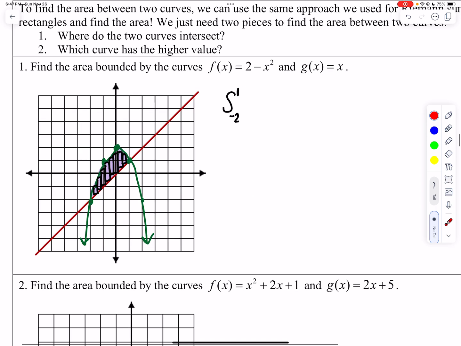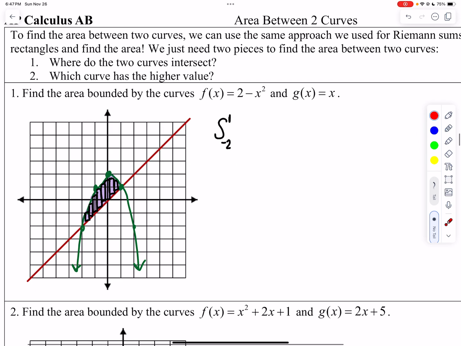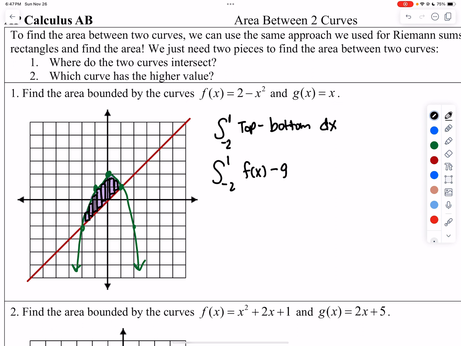So whenever we are dealing with area in terms of x, we will always do top minus bottom. So in this case, the top is going to be f of x, and then my bottom is going to be g of x. So I have the integral from -2 to 1 of 2 minus x squared minus x dx.